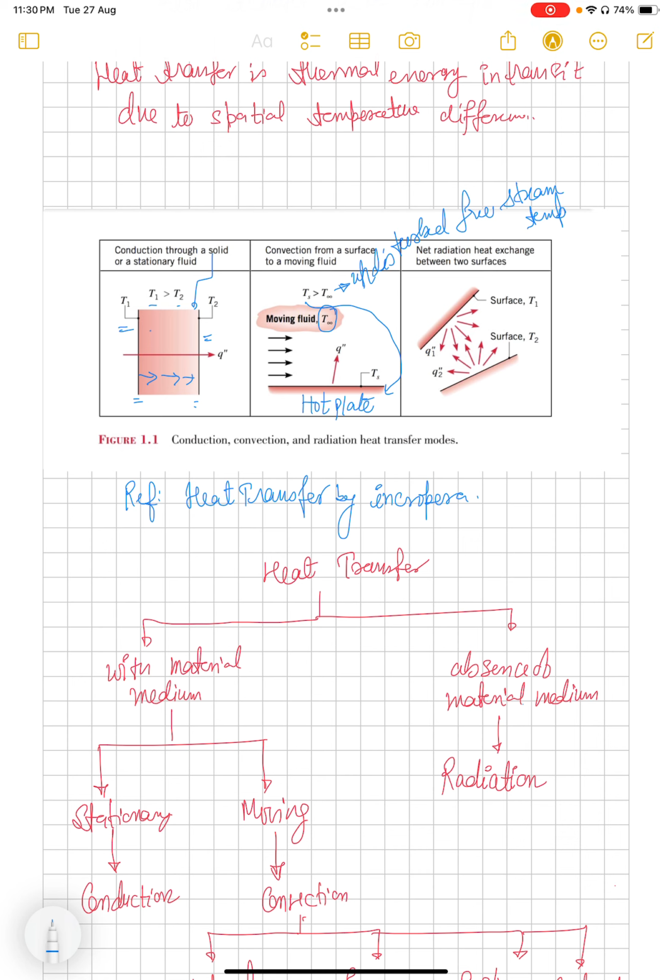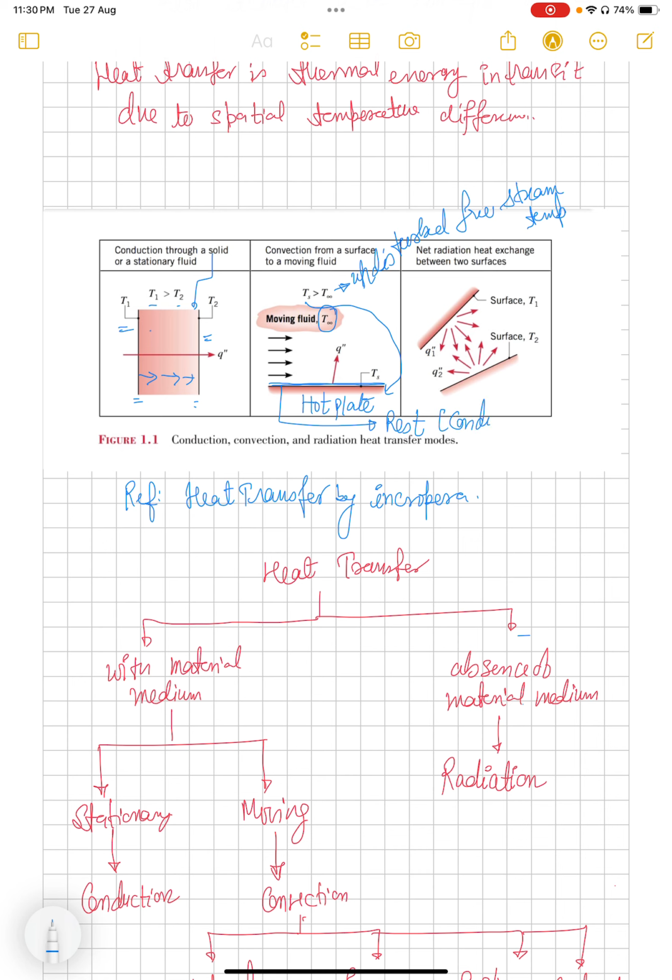When the fluid is moving over it, the first layer of the fluid which is in contact with the hot plate will come to rest. And we know that when the material medium is at rest, it will be transferring heat by conduction.